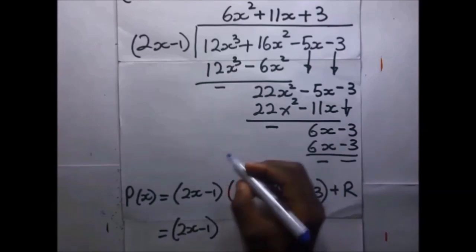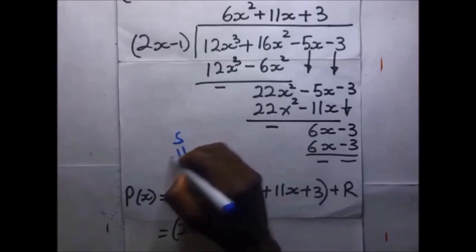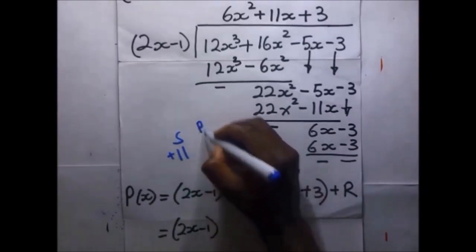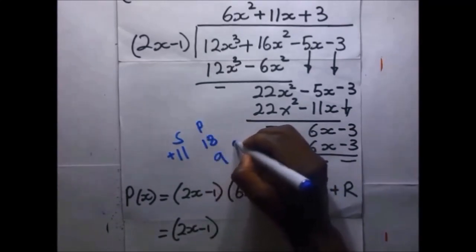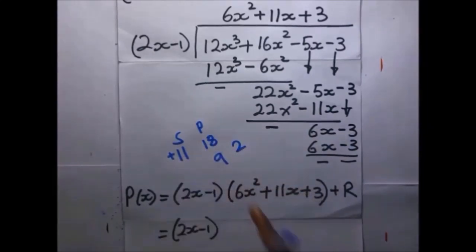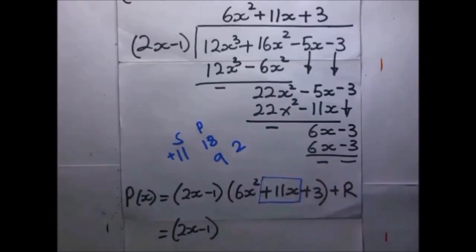So these two numbers should give us a sum of positive 11 and a product of 18. And these two numbers are 9 and 2. 9 times 2 is 18. 9 plus 2 is 11. So these two numbers are the ones going to replace that middle bit.